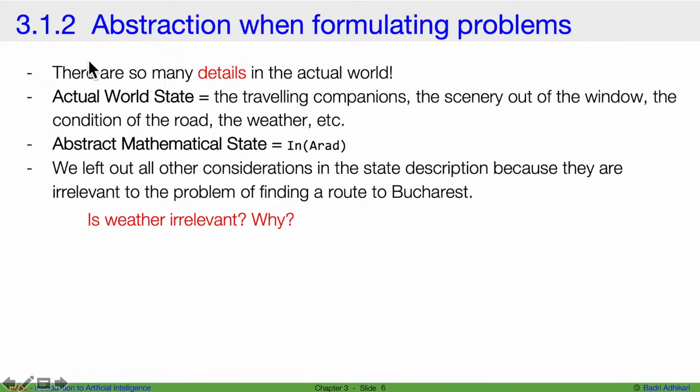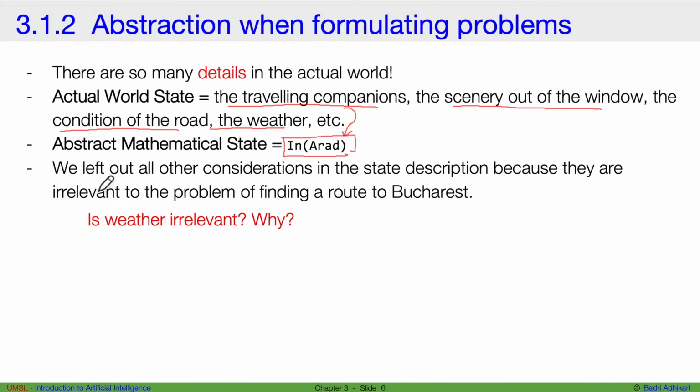Now there are so many details in the actual world. For example, in the case of the Romania problem, the agent may be traveling with companions, there may be scenery out of the window that the agent is watching, the conditions of the road, the weather, and so many things. We've simplified everything, and we've simply said something like the agent is currently in the state of Arad.